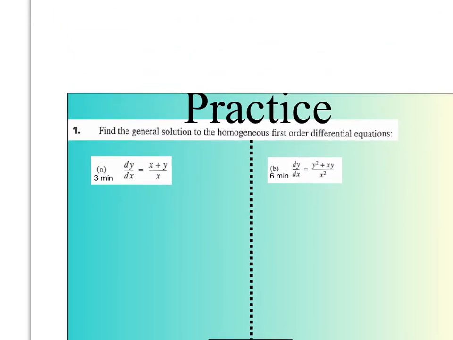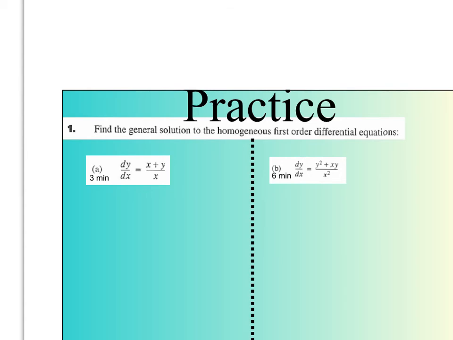Okay, so before I get into these examples, what I'm going to do is help us come up with our friend here that we're going to use throughout any sort of homogeneous method problems. So if u is equal to y over x, then y is equal to ux. And because we have a dy/dx, I want to find out what that would be in terms of u and x.